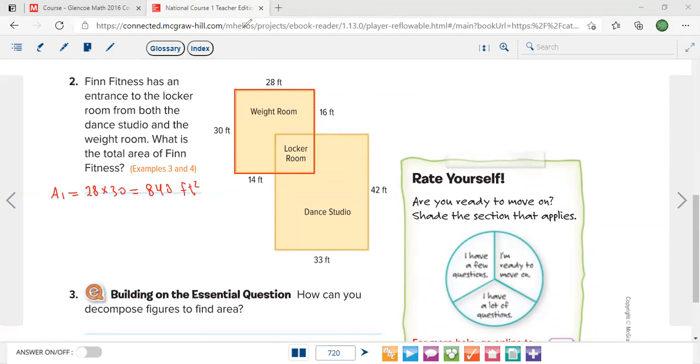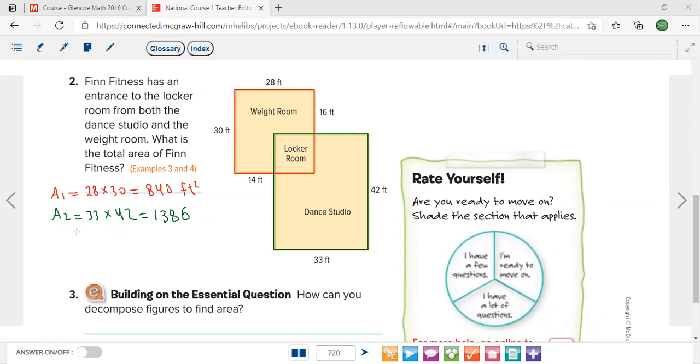Now let's find the area of the other figure, which is a rectangle as well. Let's say area 2. It's length times width, so 33 multiplied by 42. And 33 multiplied by 42 should give you 1,386.